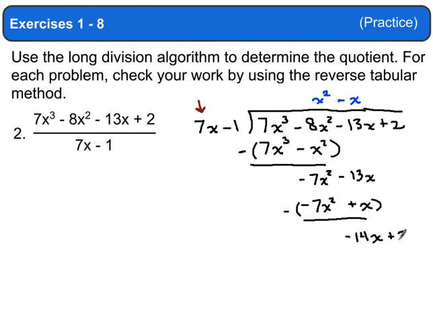We bring down the 2. And then we do it one last time. 7x goes into negative 14x negative 2 times. And so whenever we multiply negative 2 times 7, that's going to give us negative 14x.